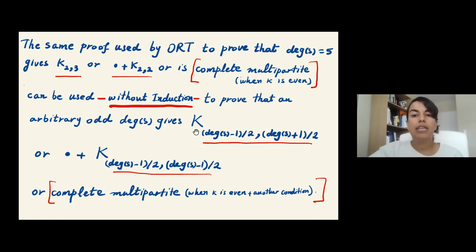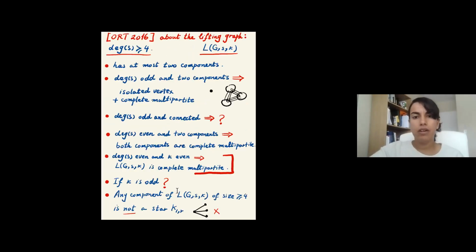Nothing new. And we can prove that we will have a complete bipartite graph, where the 2 sides differ by only 1, or an isolated vertex plus balanced complete bipartite, or complete multipartite. If you remember the result here, they just said isolated vertex plus complete multipartite. So even induction didn't help to keep bipartite. They had to write something more general like multipartite.